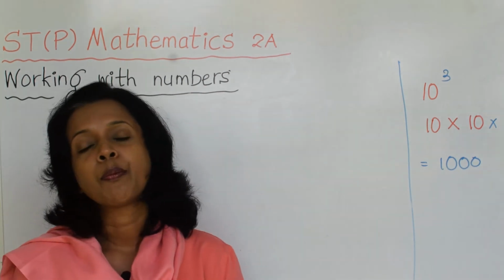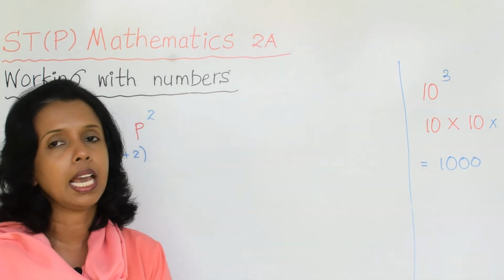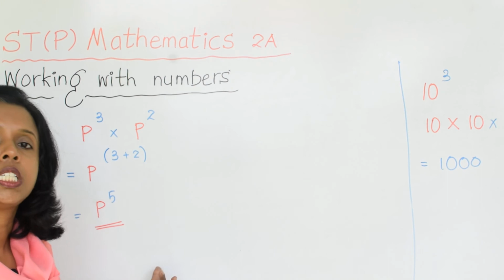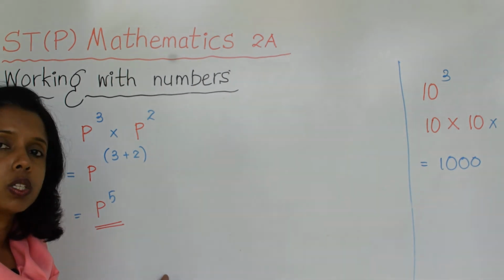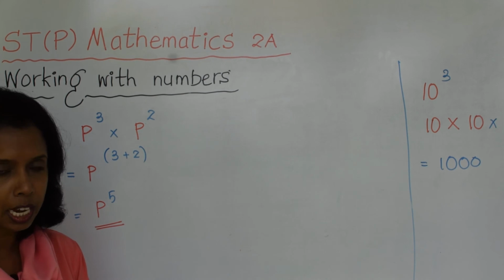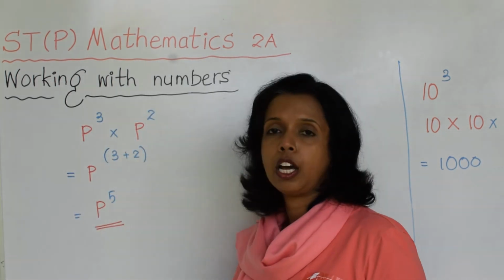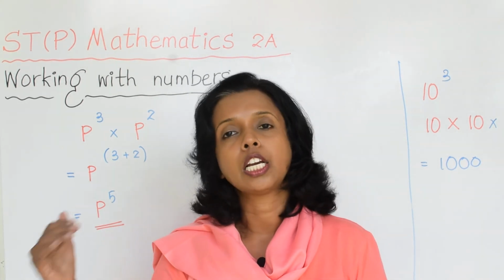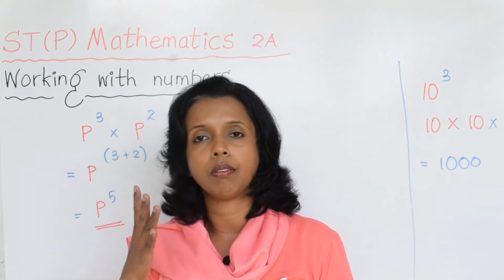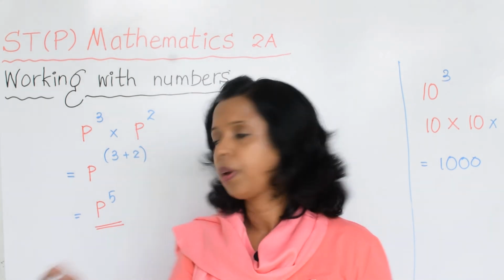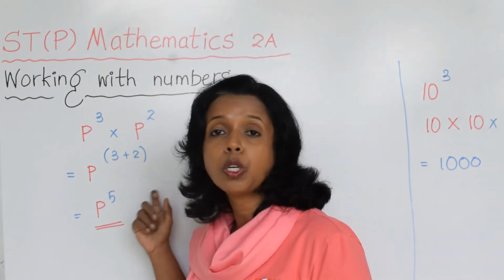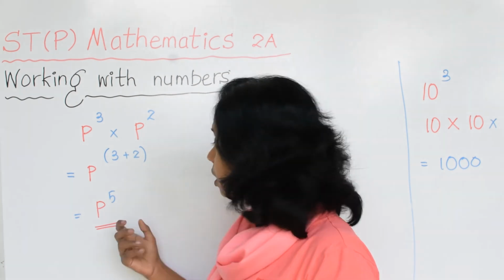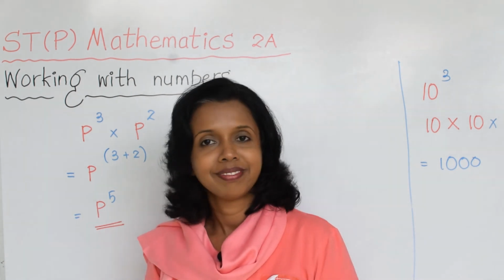But if they have mentioned find the value and have not specified whether it is in index form or not, still this is the answer you can have. Why is that? Because we don't know the value of p. Can you understand? So in this scenario, whatever the question type, you can keep the answer like this because you cannot simplify this further and find the value, because we don't know the value of p, right?